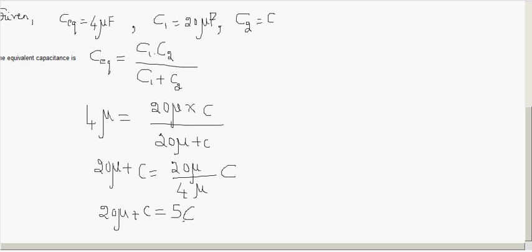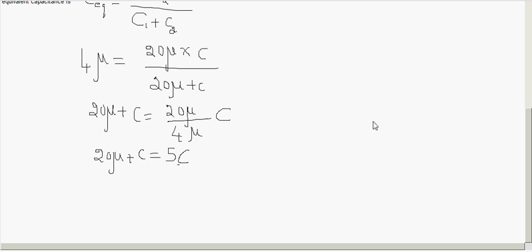Simplify this, we'll get 5C minus C, that is 4C, equal to 20 micro. 5 minus 1 is 4C, or C is equal to 20 micro by 4, which is equal to 5 microfarad.